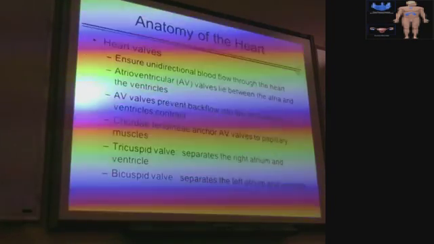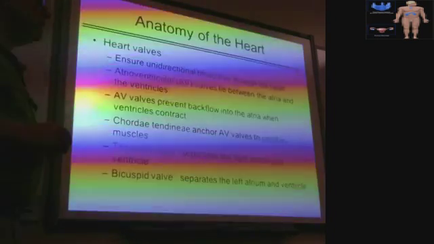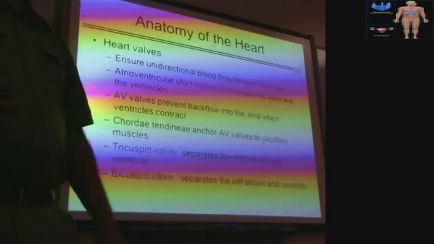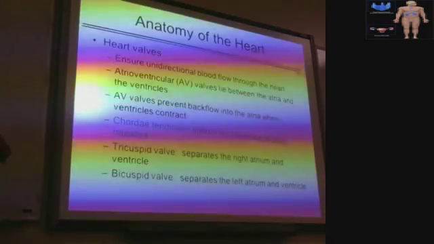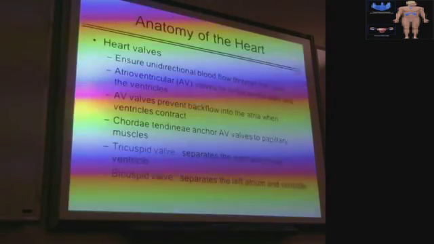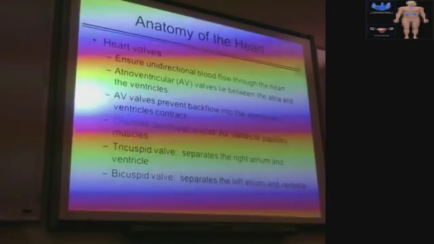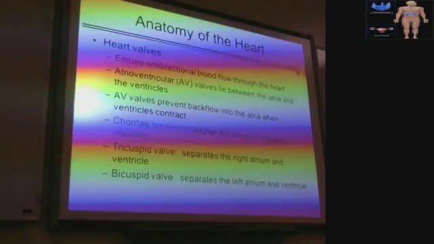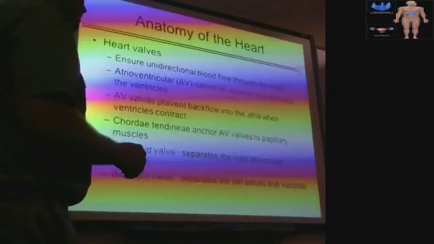The AV valves lie between the atria and the ventricles. So the AV valves are found right in the middle of the heart between each chamber. They also help to prevent backflow into the atria when the ventricles contract.